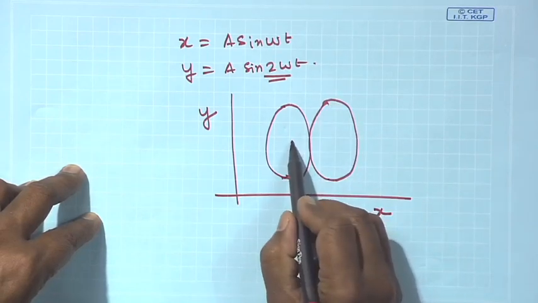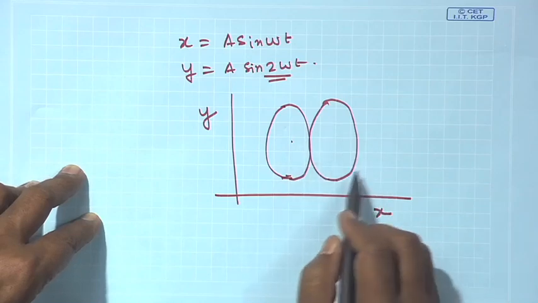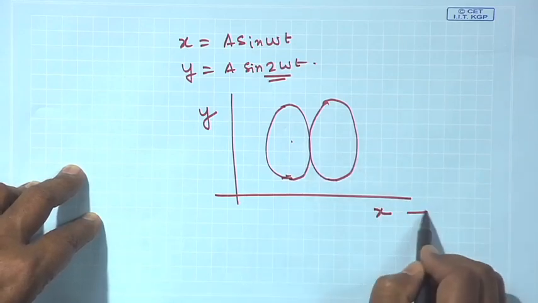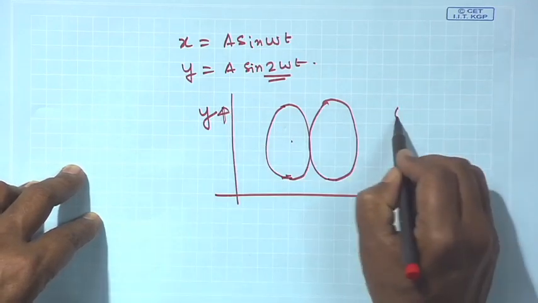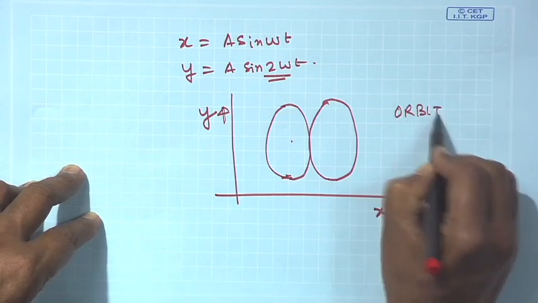So, if one signal is known, the other signal can be found out and so on. This kind of orbit plots we have seen.